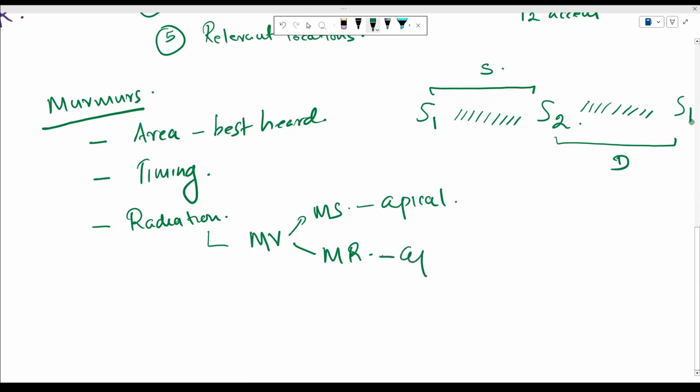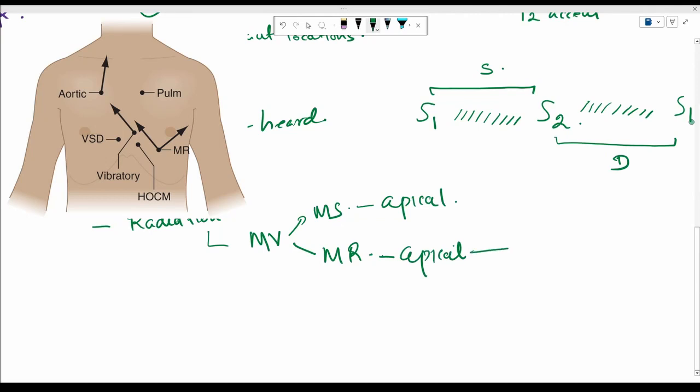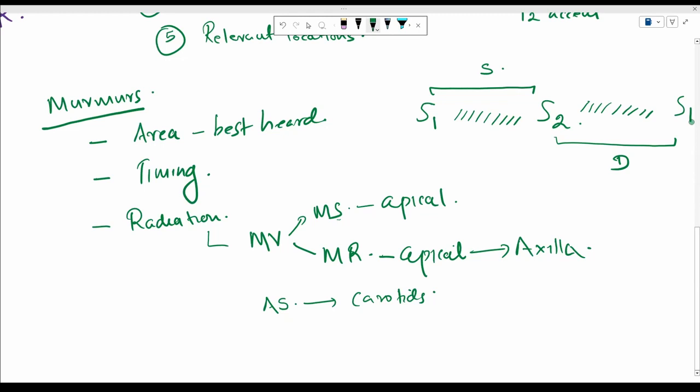Mitral regurgitation also will be heard in the apical region, but it does radiate to your axilla. Likewise, aortic stenosis radiates to your carotids. So you need to know which type of murmur will be heard in which region, right? And then you need to know that there are some dynamic maneuvers.